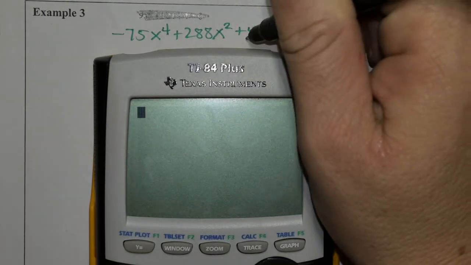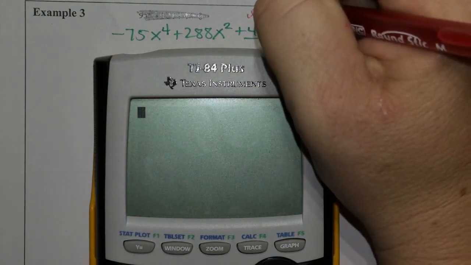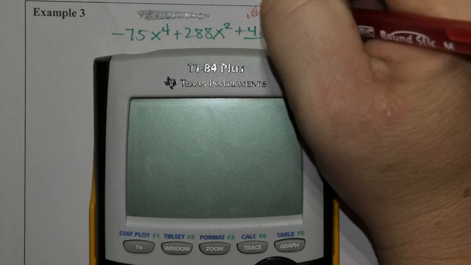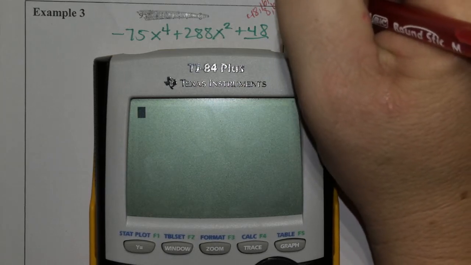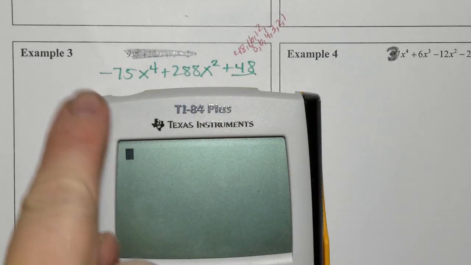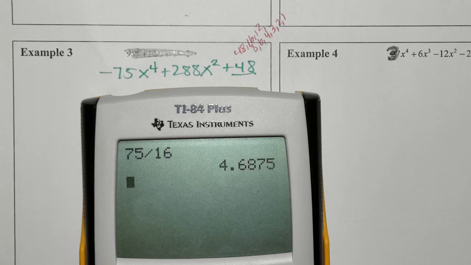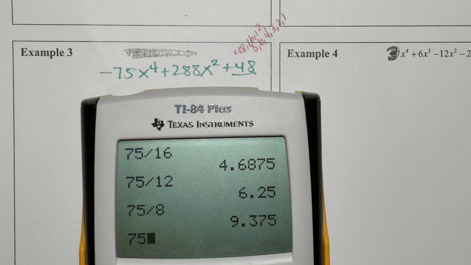Okay, so I'm going to start by just writing out factors of 48 to help myself. So I have 48, 16, 12, 8, 6, 4, 3, 2, and 1. Okay, and so I'm going to take these numbers and start dividing them into 75. 75 divided by 48, that doesn't work, it's not an integer. 75 divided by 16, nope. 75 divided by 12, 75 divided by 8, nope. 75, 6.